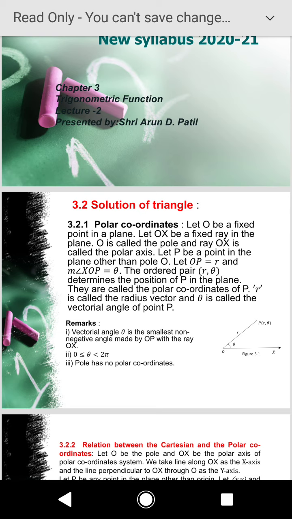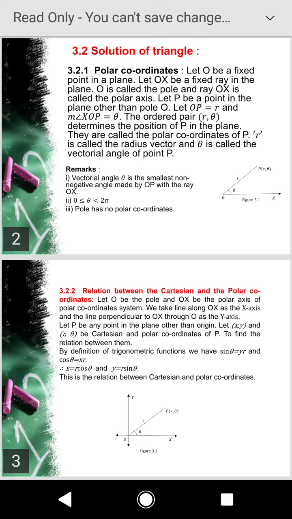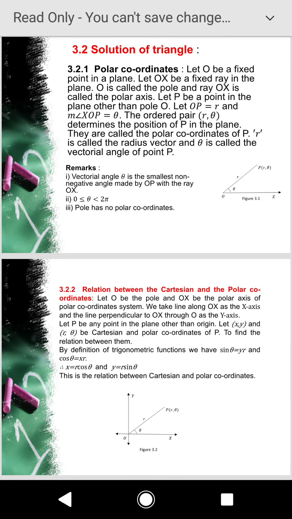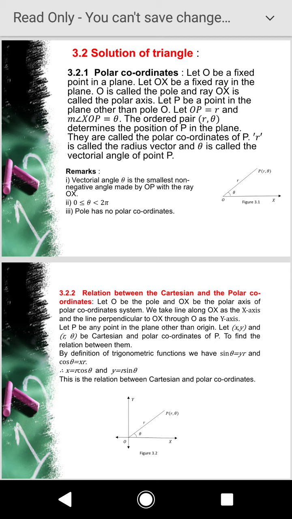Solution of triangle. In this solution of triangle, we have to learn the polar coordinates. Let O be the fixed point in a plane. Another, we have to consider OX, the fixed ray in the plane.